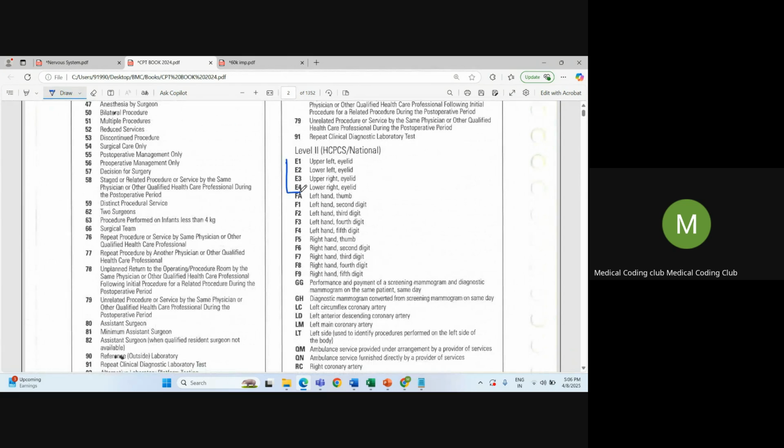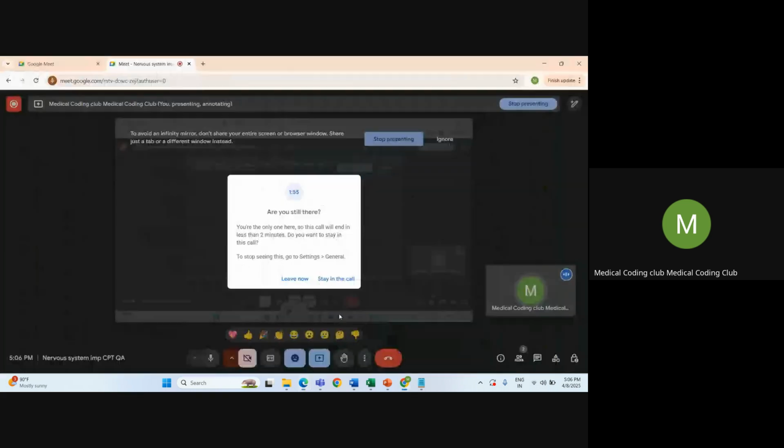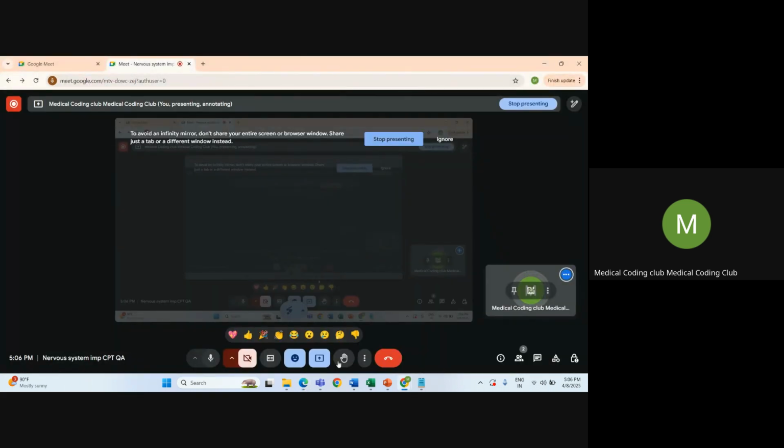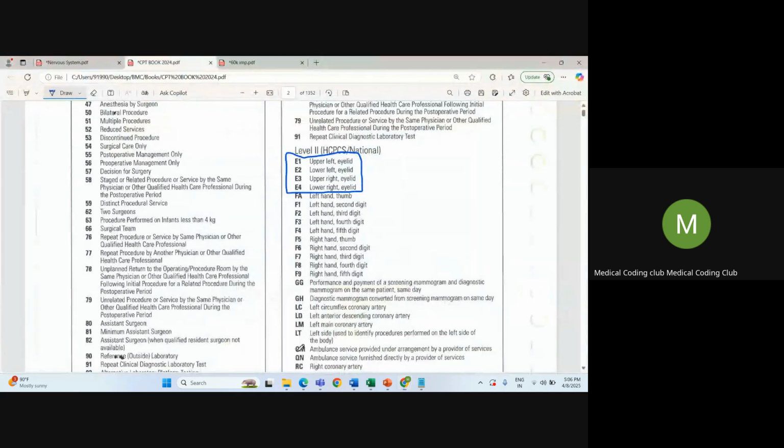You will check the eyelid, the exact location, upper left eyelid, lower left eyelid, upper right eyelid, lower right eyelid. Likewise, you will check, and accordingly, wherever they are performing procedure, you will utilize that particular modifier with procedure.